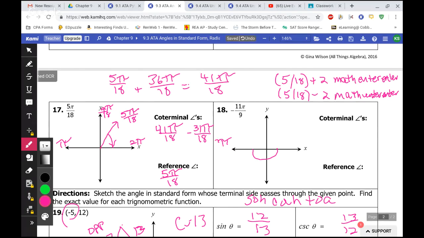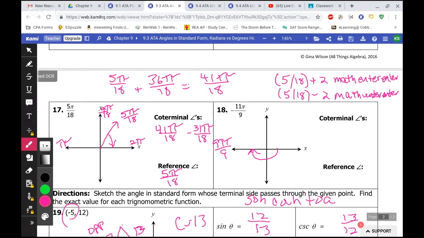Does that make sense? But we're going in this direction, so technically we're going clockwise, not counterclockwise. So this is 9, and I'm going to go just a little bit past that, right?